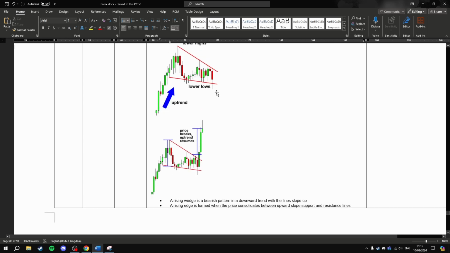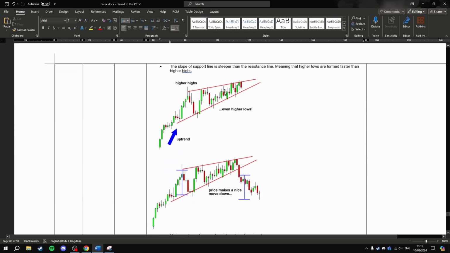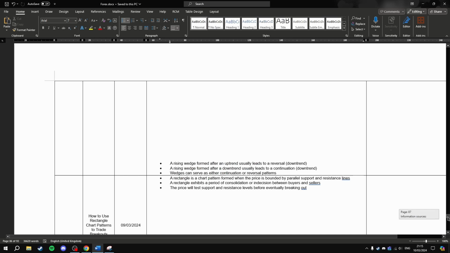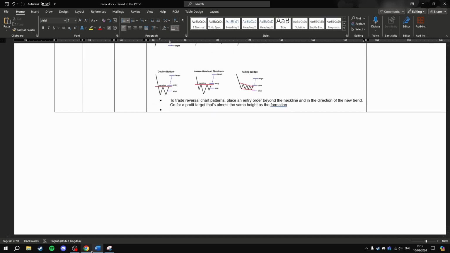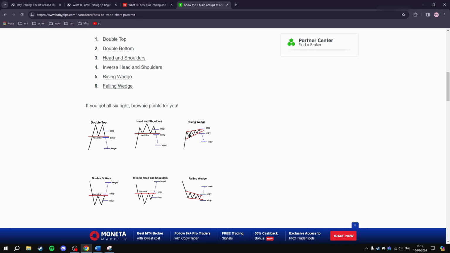I guess they called it lower highs and lower lows, which makes sense. Right, okay, so for the wedge one, this is the higher highs and higher lows, and this is lower highs and lower lows.